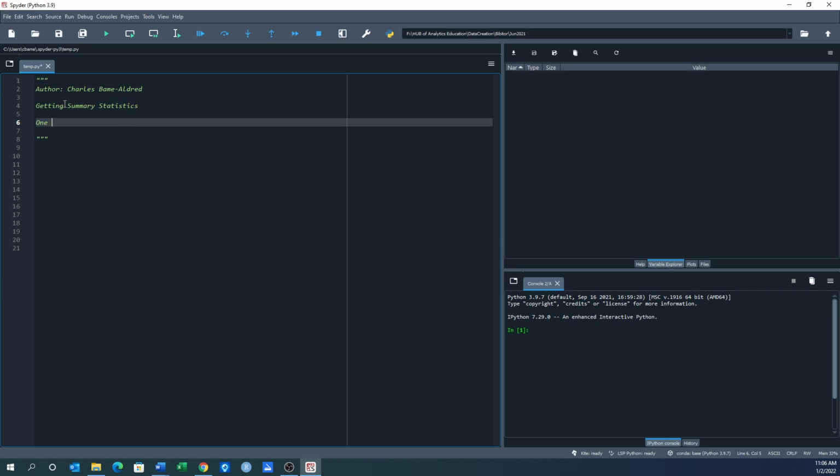So one of the first things the analyst should do is understand their data. If you have small data sets, like less than 200 records, you can visually scan your data looking for patterns.